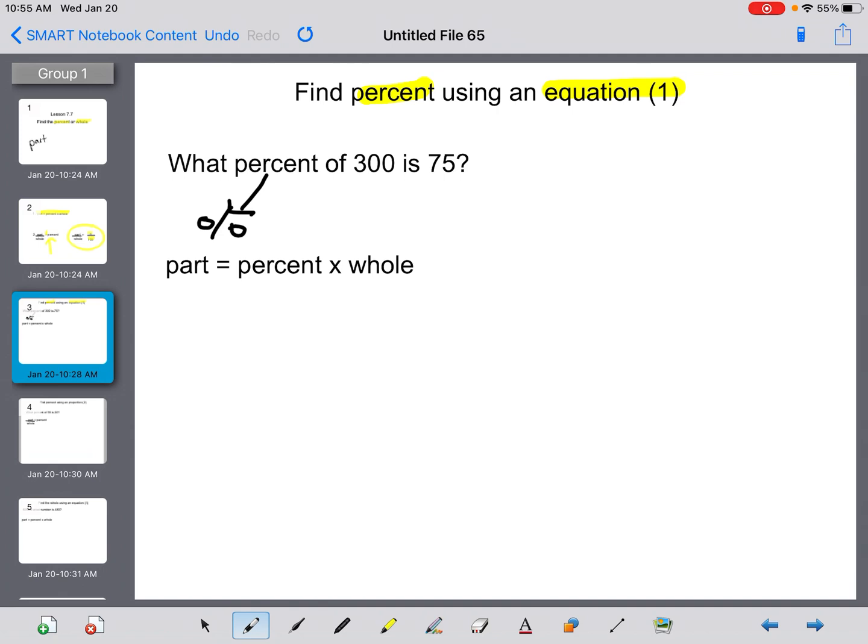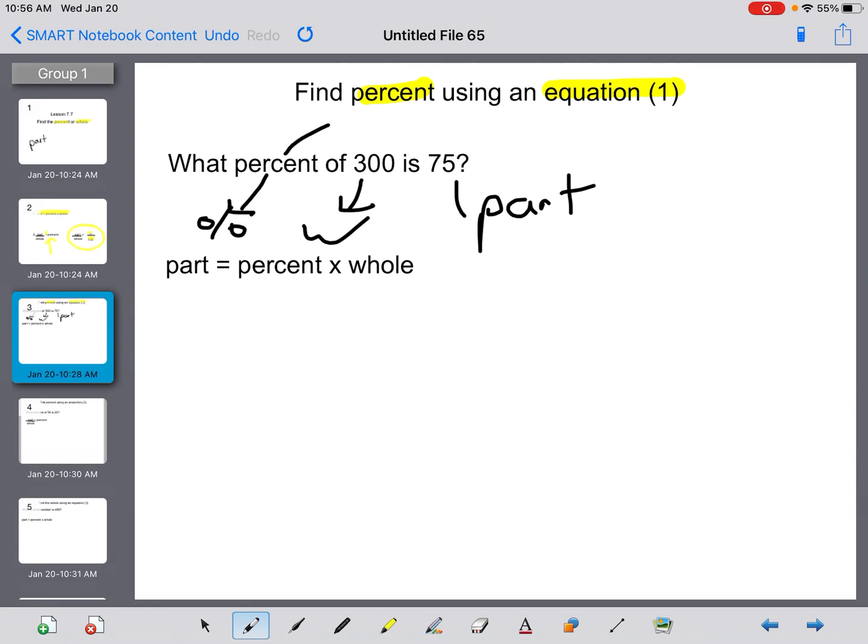But now let's take a look at these numbers, 300 and 75. It says what percent of 300. So if I have 300, what percent of that is 75? That means that my 300 is actually my whole, and my 75 is the part. Another way to think of it, grade 7, is that part is always equal to the percent.